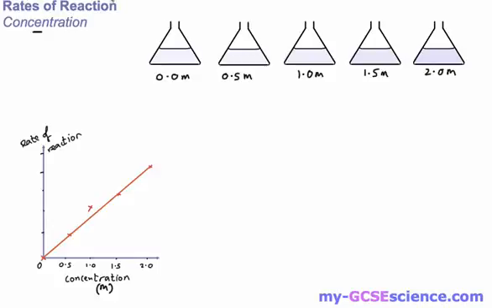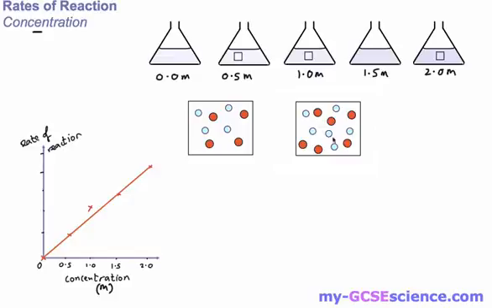So let's have a look at what's going on in this one, in this one, and in this one. So if we expand what was going on and look at the particles, you can see for the first one, in fact let's move it over here, where we have a low concentration of the two particles, we can see that there's only a few in a certain volume.